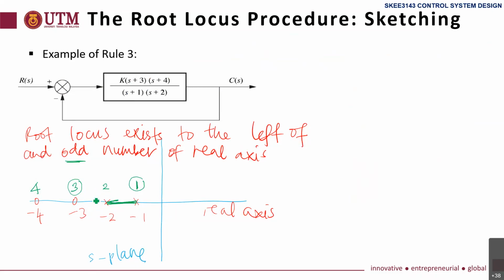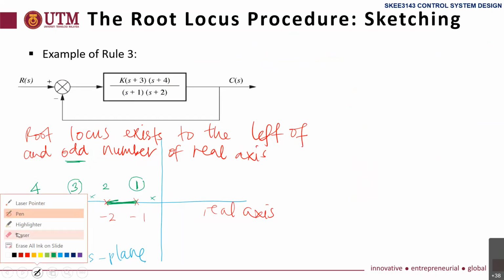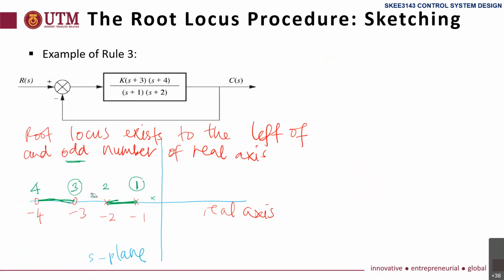It only exists to the left of an odd number. No root locus here, no here, no here. Any question?